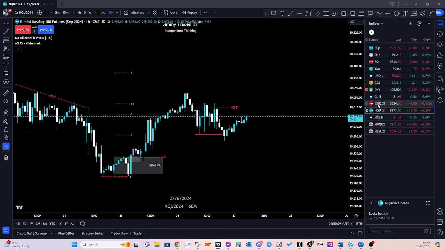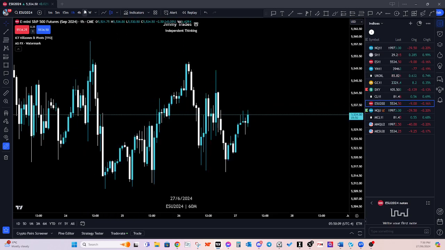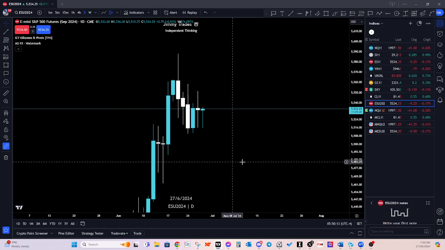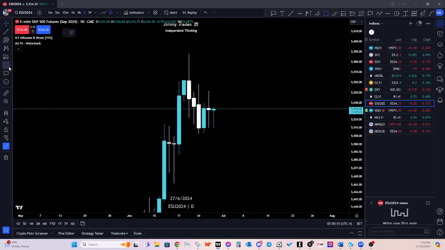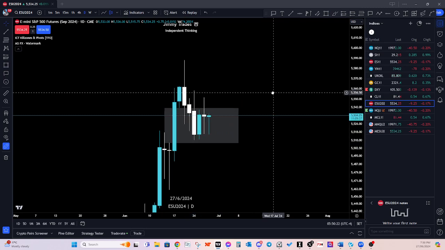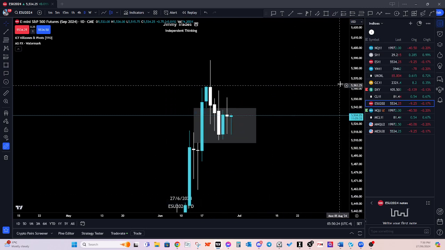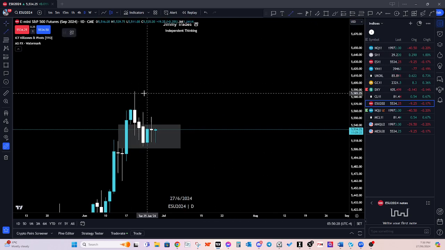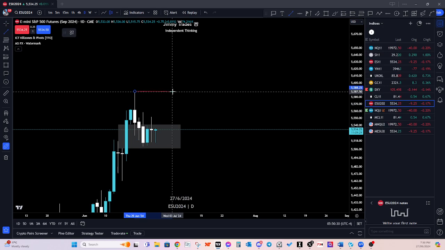Let's drop over to ES. Jump onto the daily. So ES is holding this daily bullish FVG at the moment. And again, we've got our ERL.